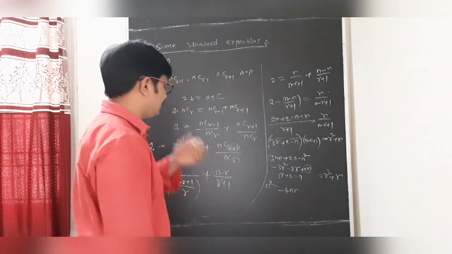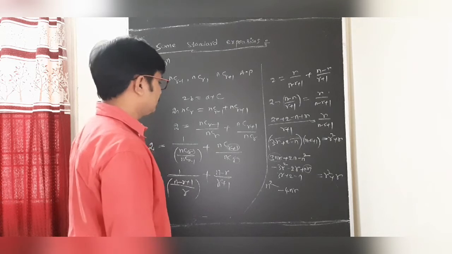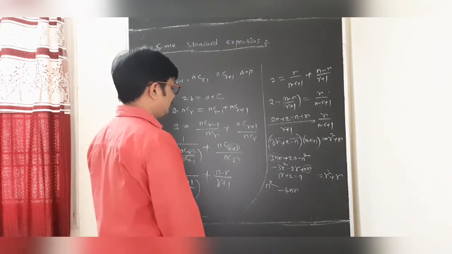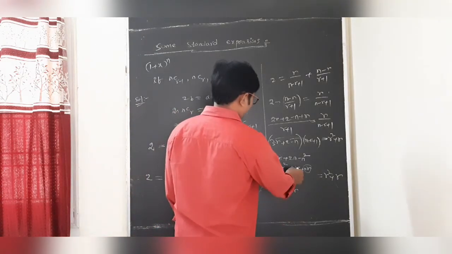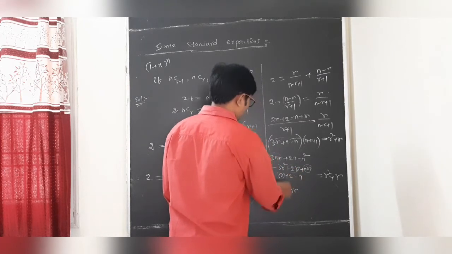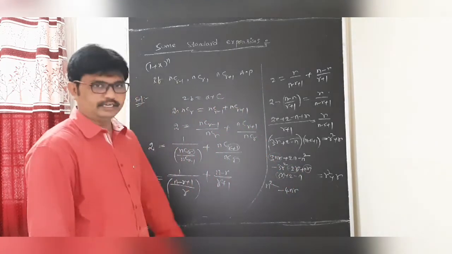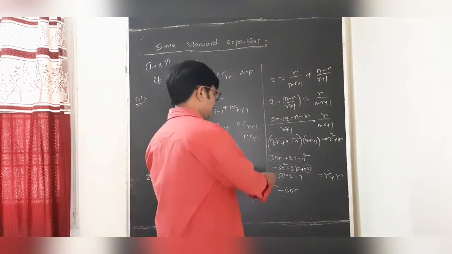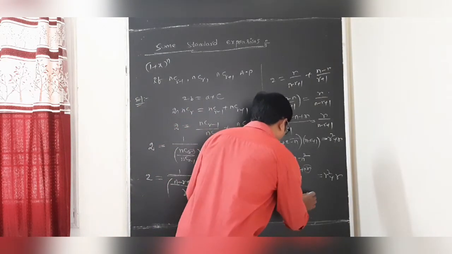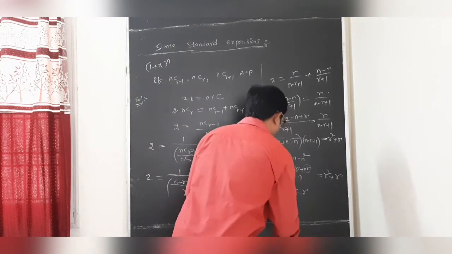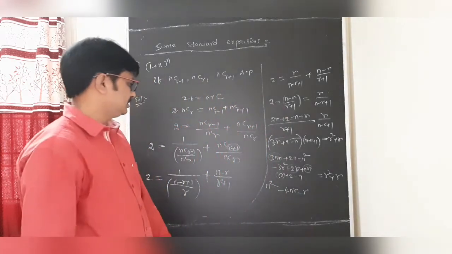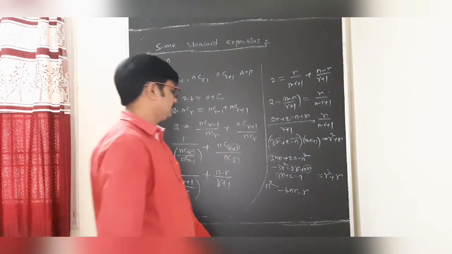After that, we can observe the numbers. Undoubtedly here minus 2r plus r. Okay students, minus 2r plus r is minus r; plus r is sent to the other side, the plus r is minus r.